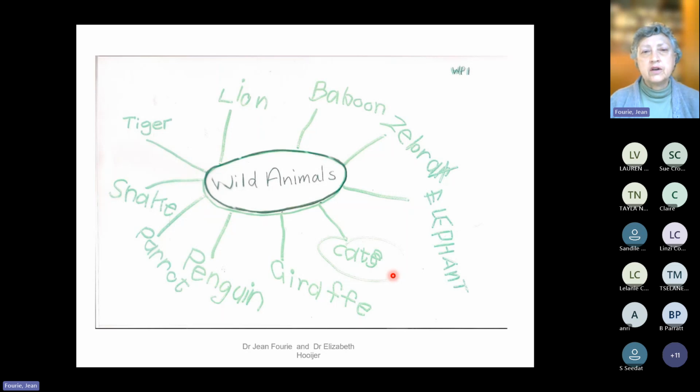And the child said, I know about the wild cats, and spelled K-A-T-A. It looks like they spelled with an E initially, so did a self-correction and turned the E into an S to make it cats.